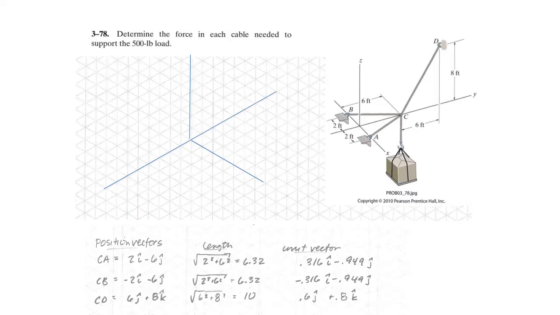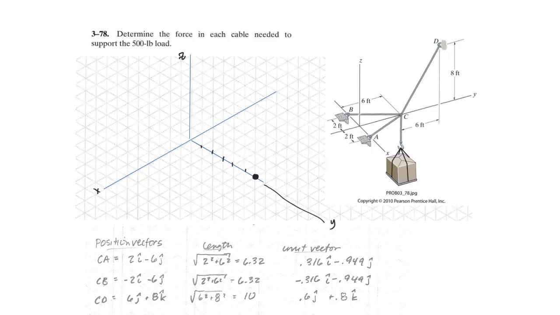Let's first find point C on our new grid. So here is x, and this will be y and z. So point C is going to be 6 in the j direction along the j axis. So there'll be 1, 2, 3, 4, 5, 6. This will be point C.